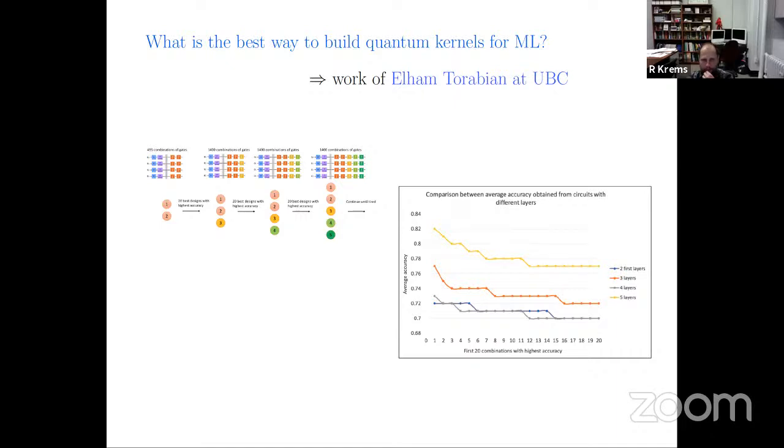But because we don't know a priori how to distribute those gates, how to combine those gates, that's why we need some sort of an automated machine learning approach to do this. So our next step in this process is actually to use BIC to drive this circuit selection process, which we haven't done yet, but that's what Elham is doing at the moment. So we'll see how that comes out.